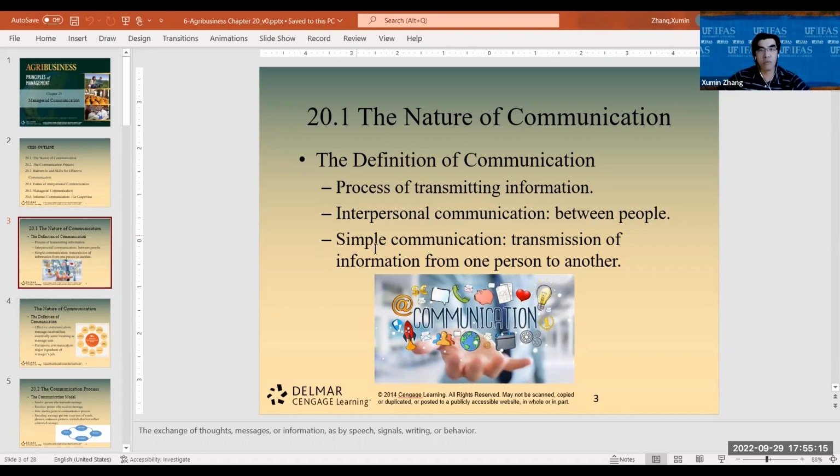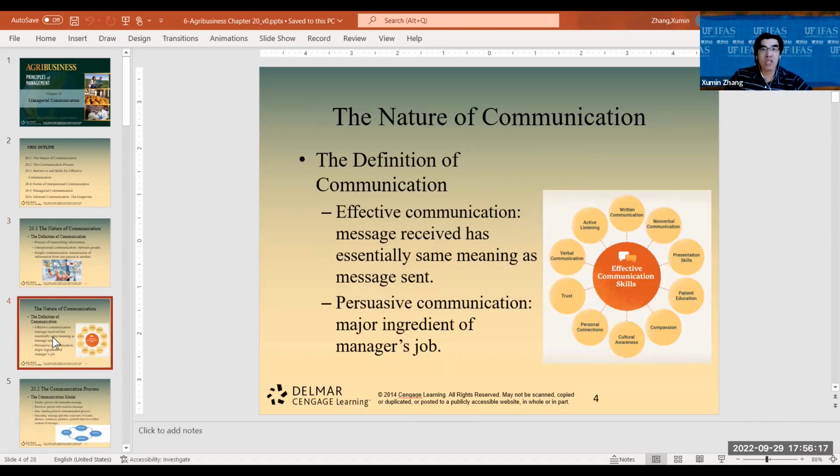Interpersonal communication is between people. And then we have managerial communication within the formal organization. I would say this is still interpersonal communication, but in a more formal way. Communication is a human skill, part of the soft skills. As the manager, we need to ensure effective communication, right?